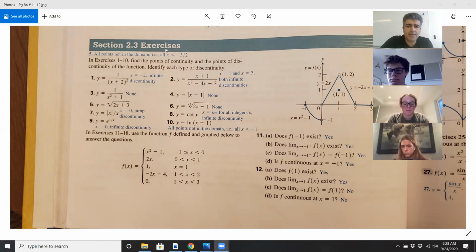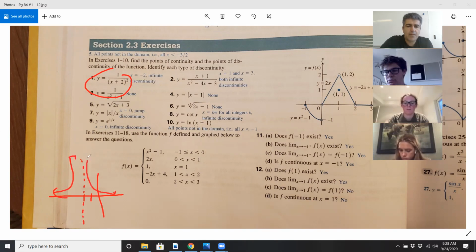If you were to graph this, you see something like this over here. And so you would know it's an infinite discontinuity because y is going towards infinity on the other side of the asymptote. And it happens at -2. If you graph this here, that's going to be a nice smooth curve.